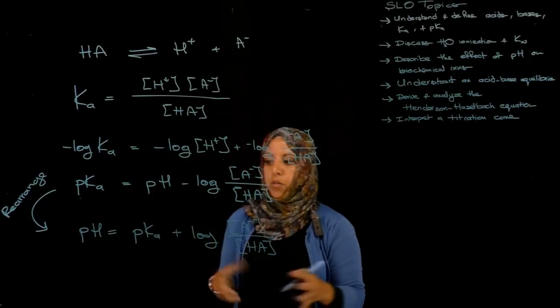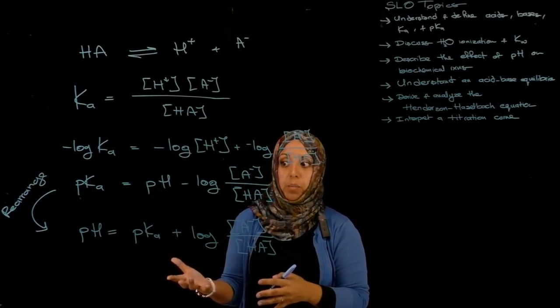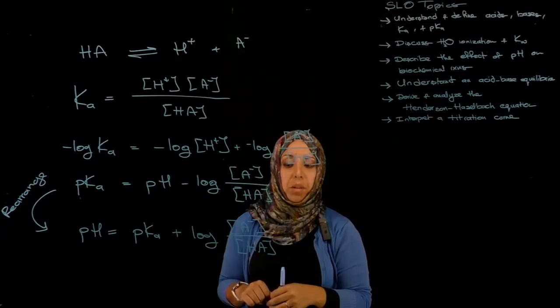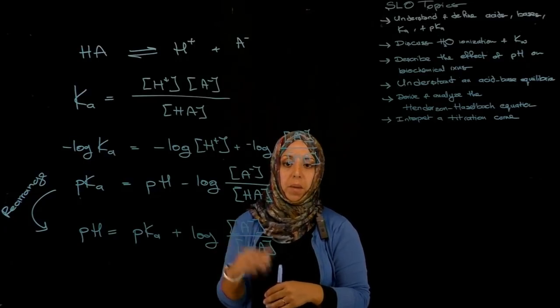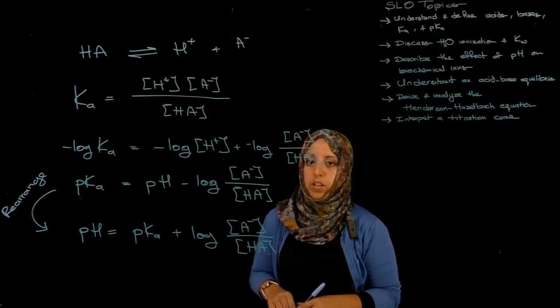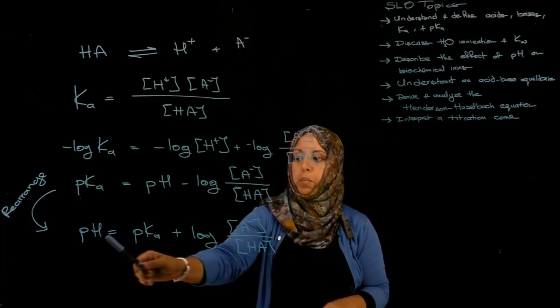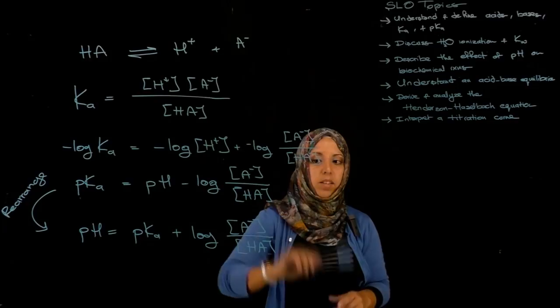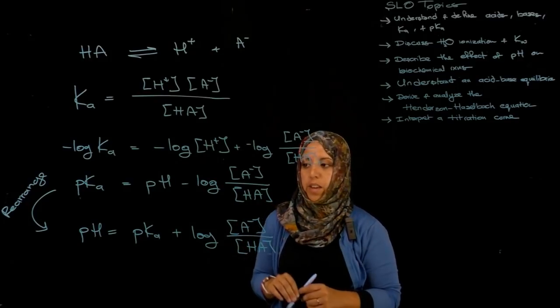All right, so if we rearrange the equation, we get that the pH is equal to the pKa plus the log of the conjugate base over the acid. All right, so that's what we refer to as the Henderson-Hasselbalch equation, where pH is equal to pKa plus the log conjugate base over the acid.